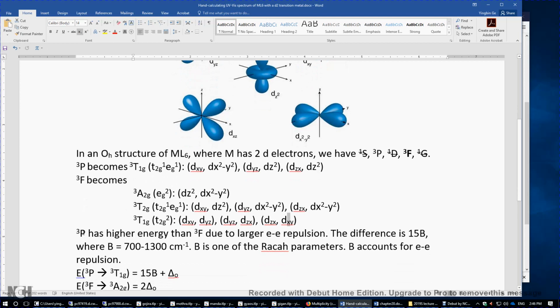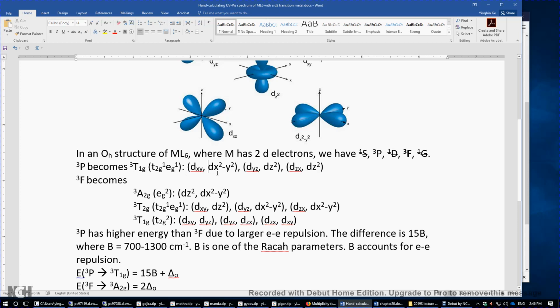And before that, again, I want to emphasize 3p has a higher energy than 3f due to larger electron-electron repulsion. And why is that? Again, in the 3p case, if you look at the 3 different arrangements here, the 2 electrons occupy 2 different orbitals, but these 2 different orbitals share the same plane.